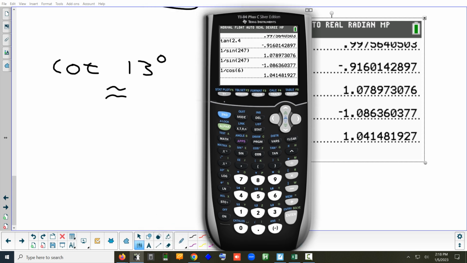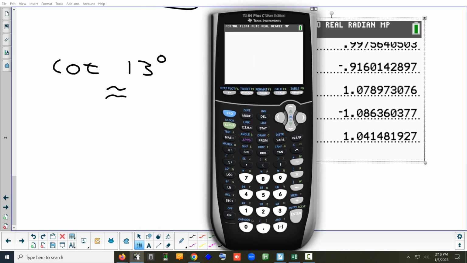Okay. And how am I going to type that in to get the cotangent? Sam? Sine of 13 degrees over the cosine. No, the cosine over sine. No, you were right the first time. I wasn't expecting someone to say that.